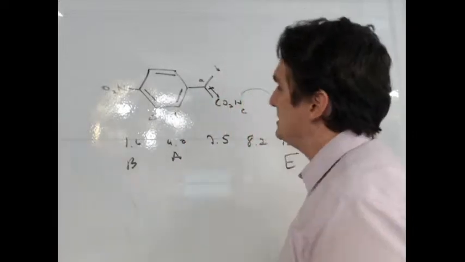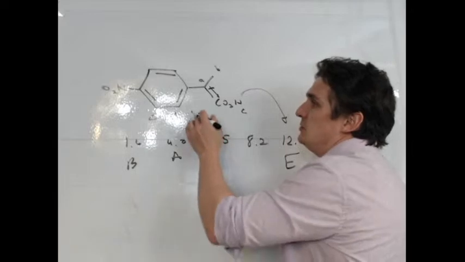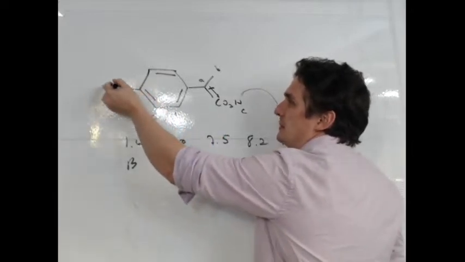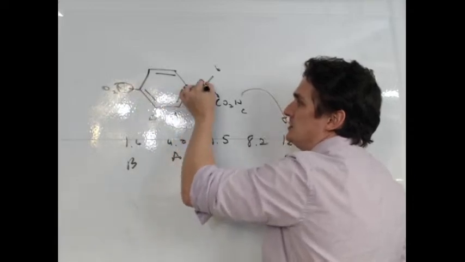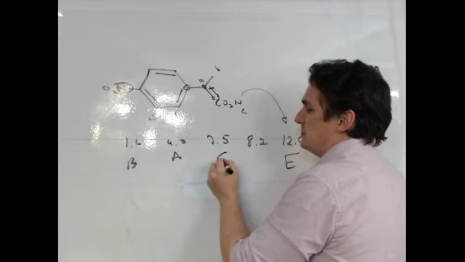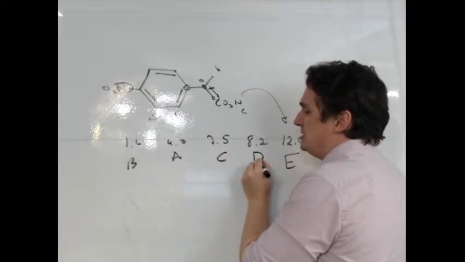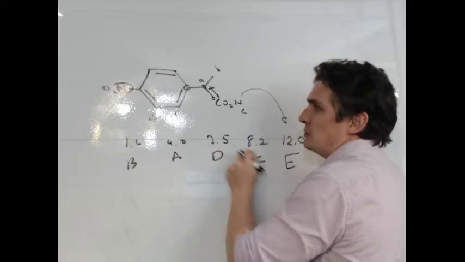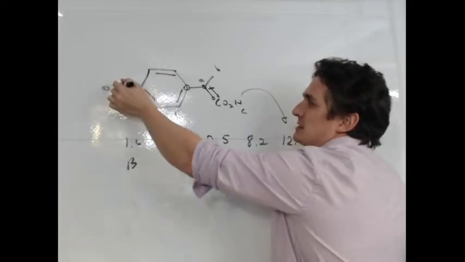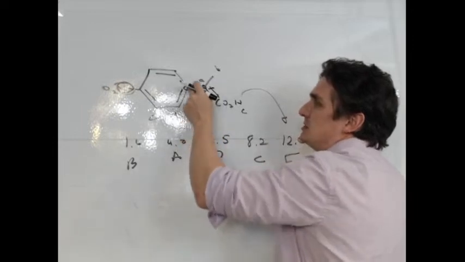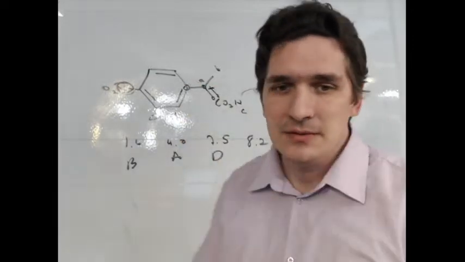So in terms of picking C over D, we have to look at who's closest to an electronegative element. C here is 1, 2 atoms away from nitrogen. D here is 1, 2, 3, 4 atoms away from oxygen. So we would expect C to be slightly more deshielded than D, simply because it's closer to an electronegative element like nitrogen, versus D, which is closer to carbons, which are less electronegative.